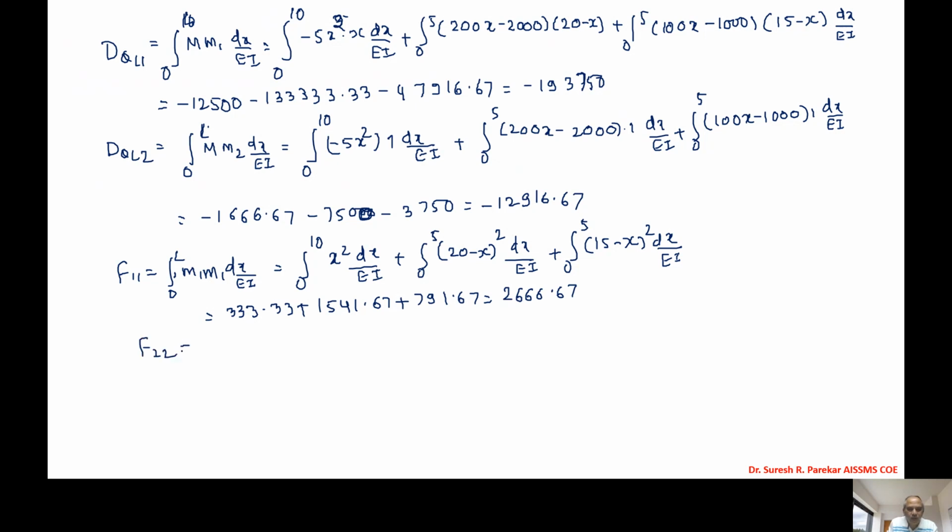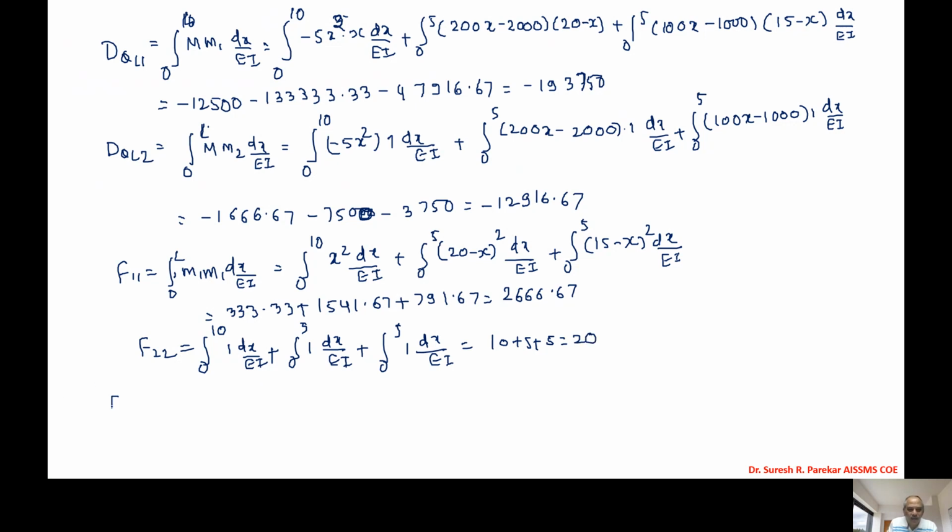Then we have f22, we have 0 to 10, 1 dx upon EI, plus 0 to 5, 1 dx upon EI, plus 0 to 5, 1 dx upon EI. We will get it as 10 plus 5 plus 5, and that we will get as 20.